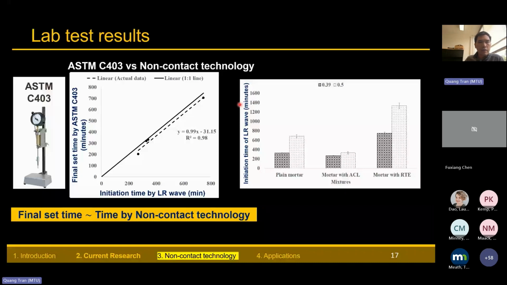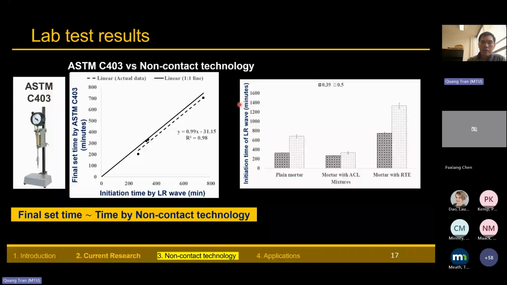As you can see, the dashed line shows the correlation between them, and it's almost a 1-to-1 ratio, with very high correlation R squared coefficients.